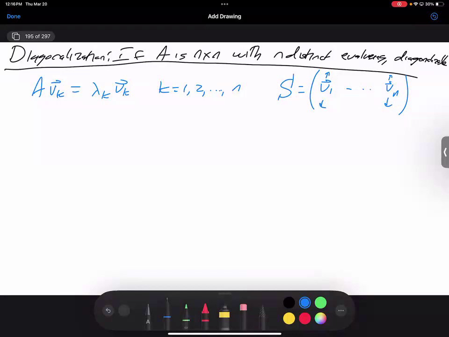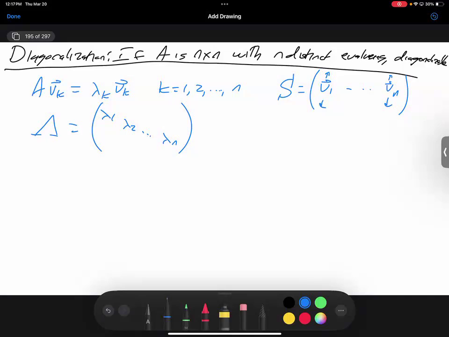If I take Lambda to be the diagonal matrix with lambda 1, lambda 2, and so on, it's easy to find the eigenvalues of this matrix. What are the eigenvalues? Lambda 1, lambda 2, and so on. Can you find the eigenvectors?